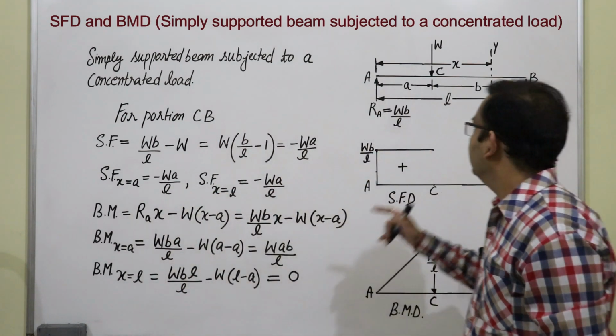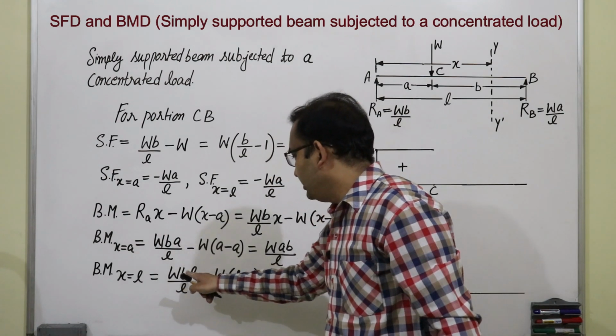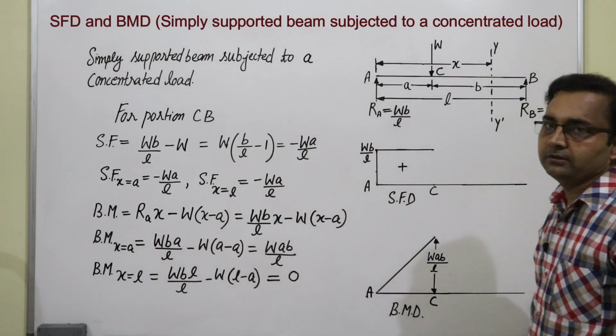L minus A is B and it will cancel L: WB minus WB equal to 0.